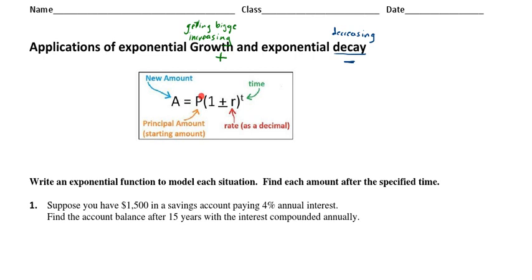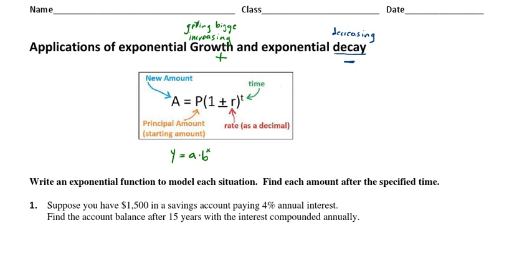This is the same equation that I mentioned before. Usually the exponential function would be this: y is equal to a times b to the x. That's when we're graphing on the coordinate plane. And in this case, the a is going to be what usually is the y, and the P is what is usually the a. The b is going to be all this here.